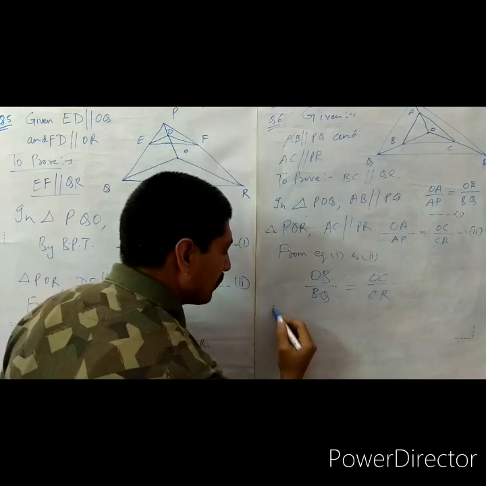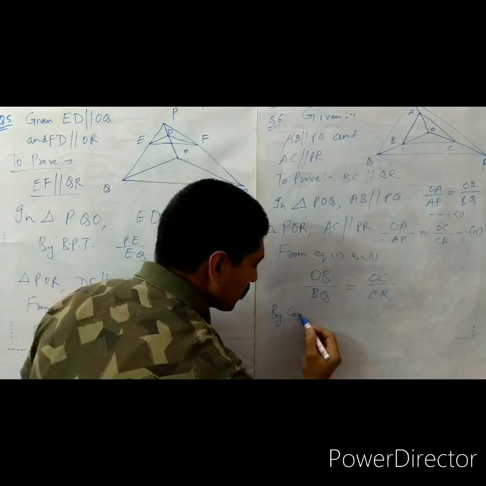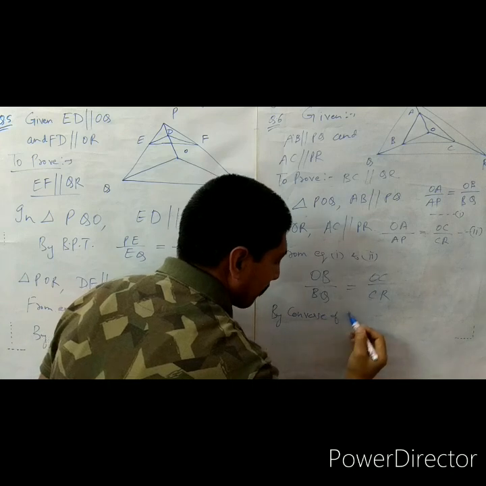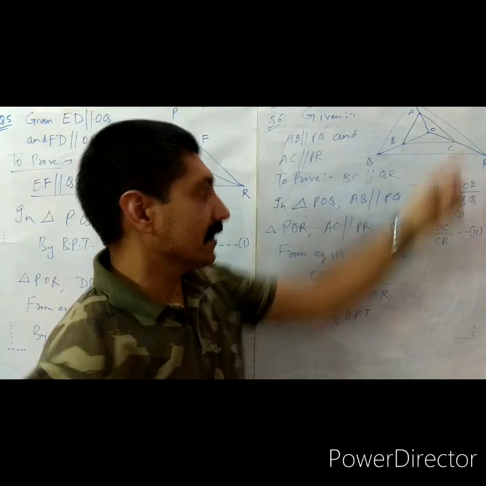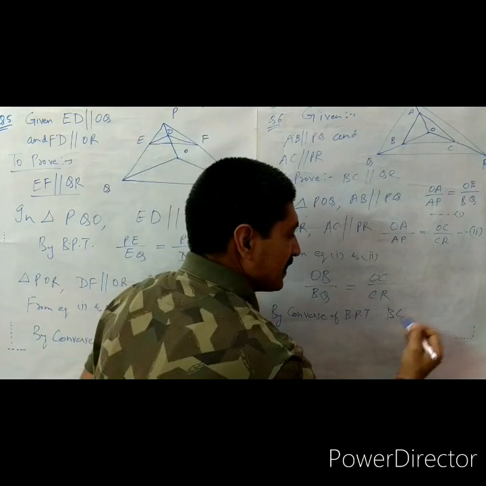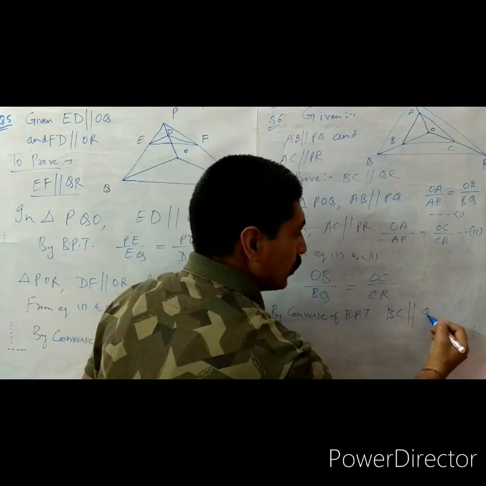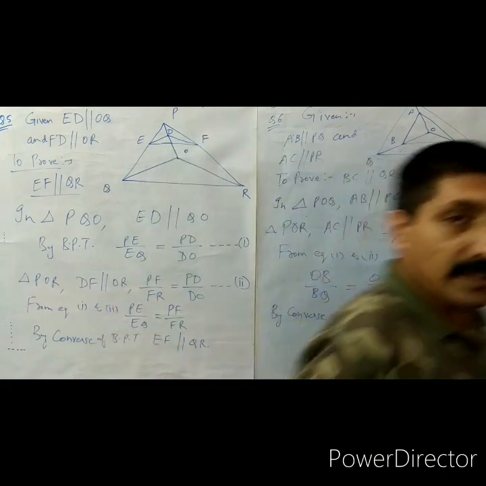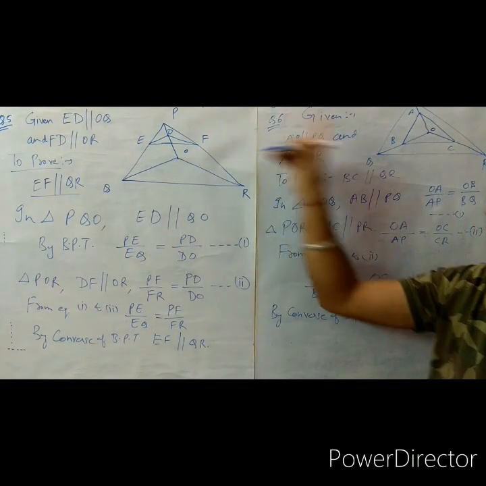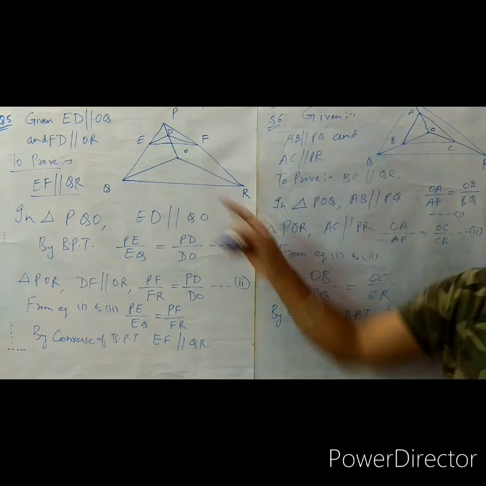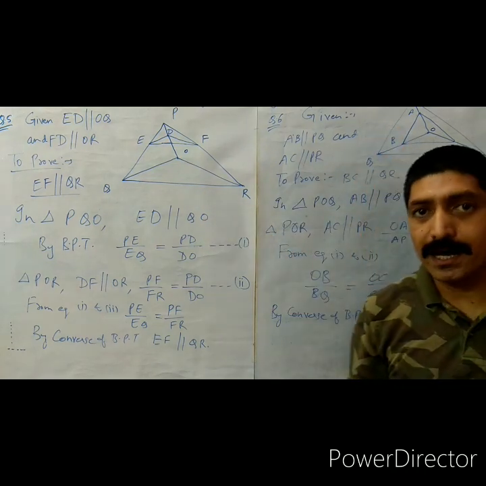So by converse of BPT, the basic proportionality theorem, side BC is parallel to QR. So this is question number 6. Both questions number 5 and 6 are very easy questions and mostly asked in the exams.